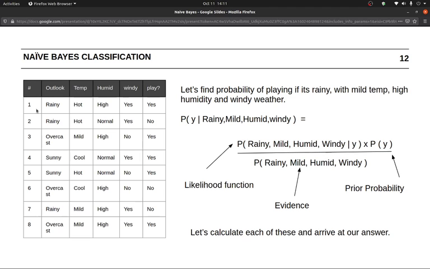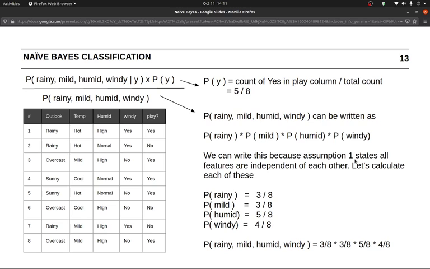So this is subset of this data set if we filter play column by yes. And at the bottom we have denominator, which gives us a probability of the day being rainy, mild, with high humidity and highly windy. Let's calculate each of these to arrive at our answer.